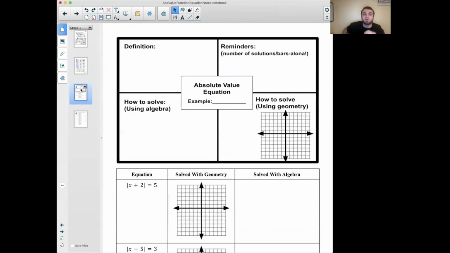As we go forward, do not do anything with this now. We're going to be looking at absolute value equations, and as we do so, we're going to start by looking at them both geometrically and algebraically, and then we're going to transition to probably more doing some stuff algebraically.